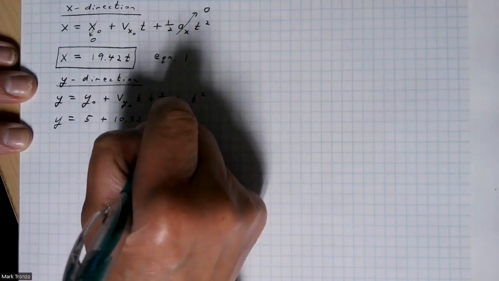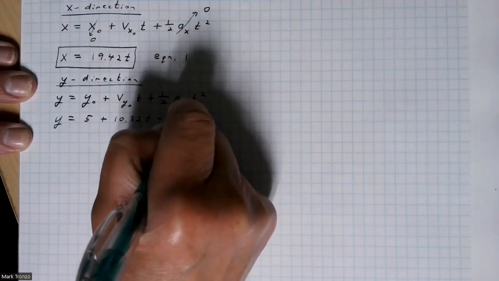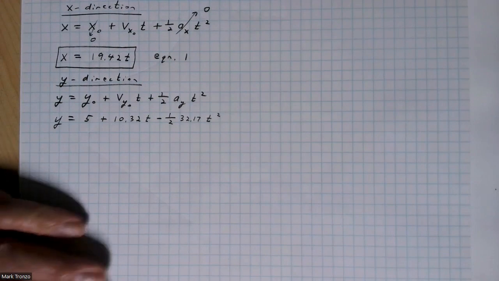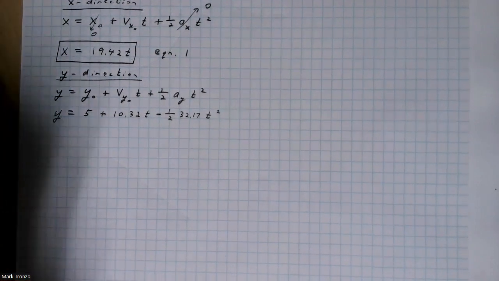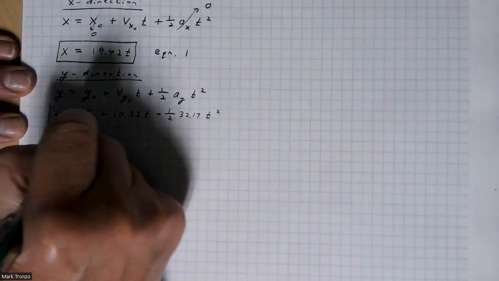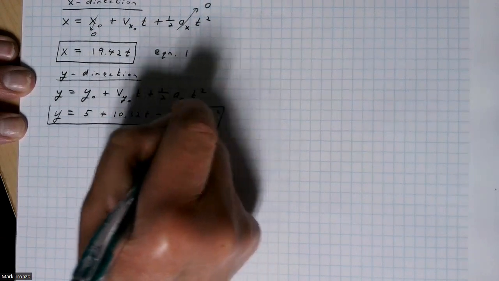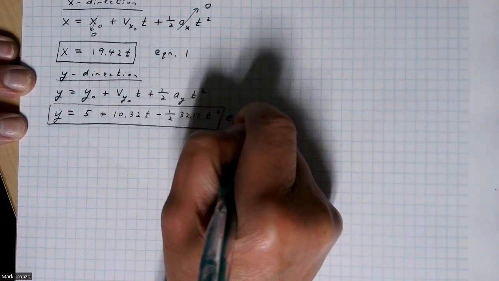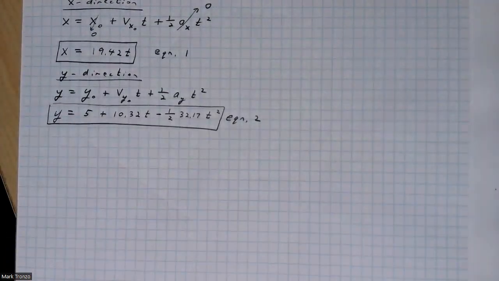Let me put the negative out front, t squared. So that's going to be the equation for motion in the y direction as a function of time. Let's call that equation 2.